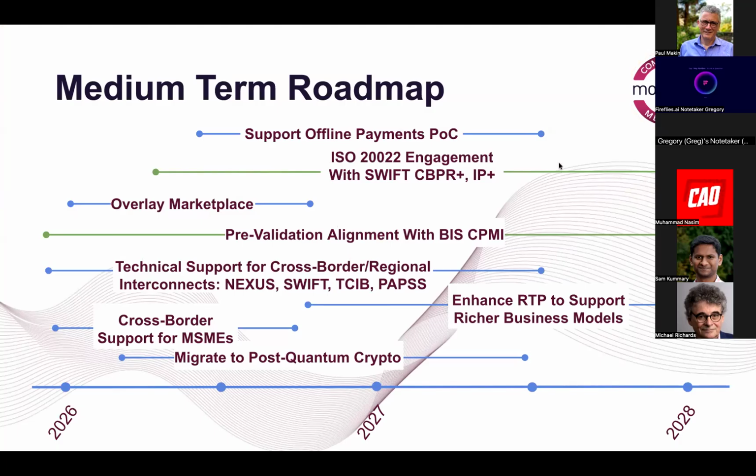So I've tried to use a color coding here. Green refers to working groups and collaboration, and blue is actual technical work.